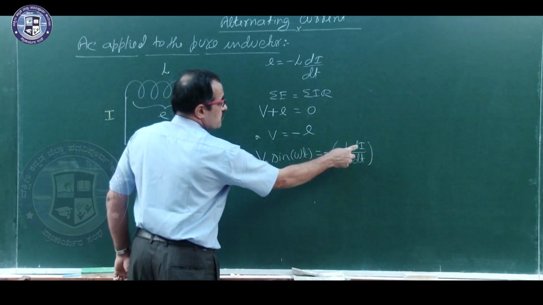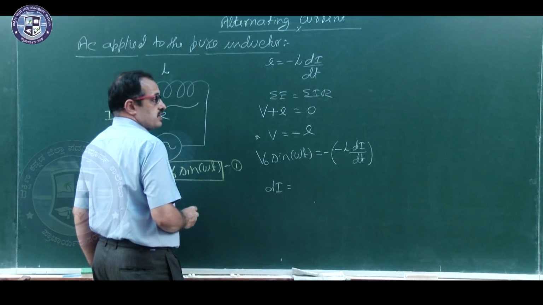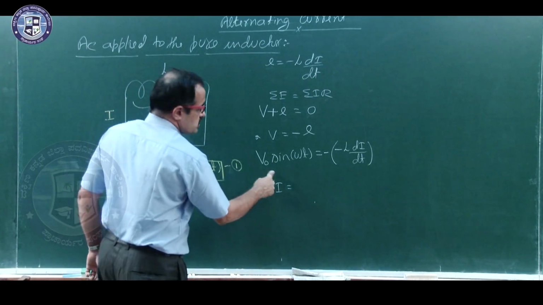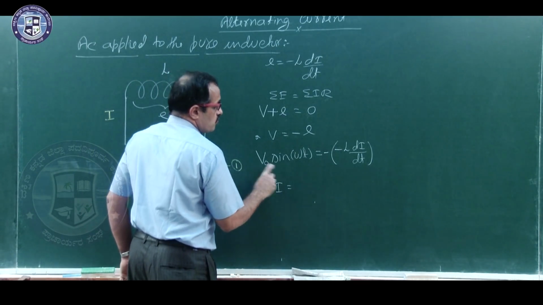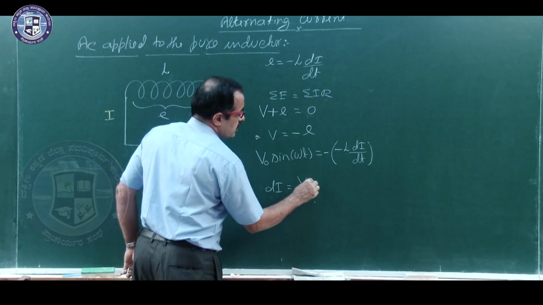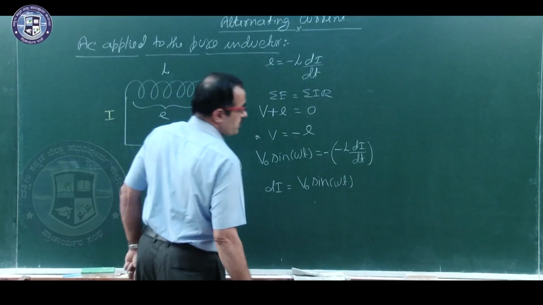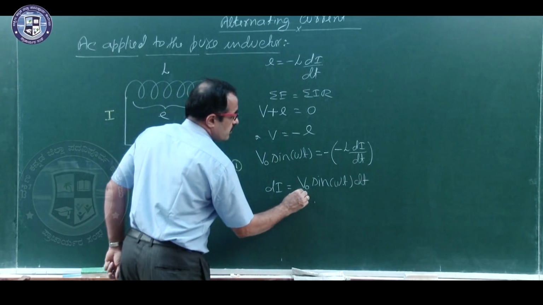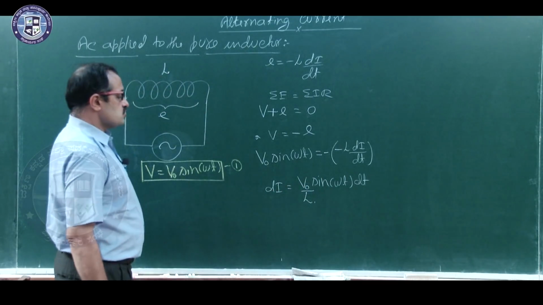Now I want to write the equation for di, the change in the current I. What is the formula for di? Di is equal to V naught sin omega t into dt divided by L. L comes to the denominator.